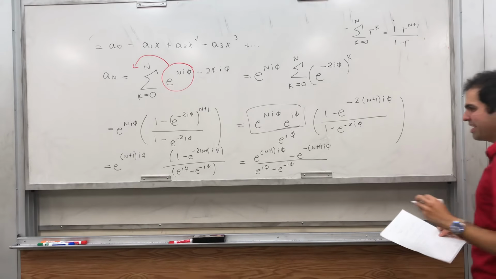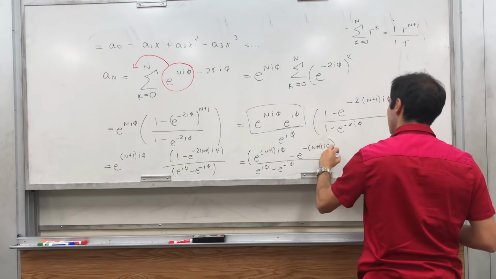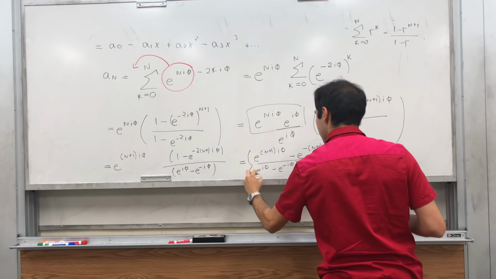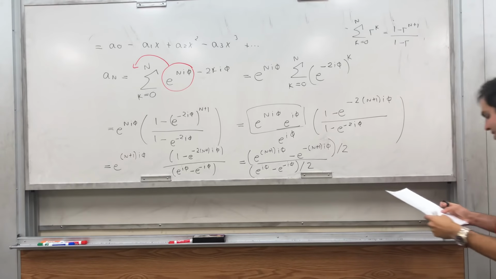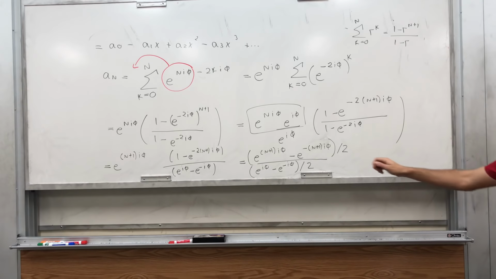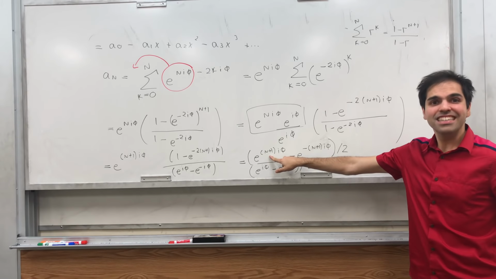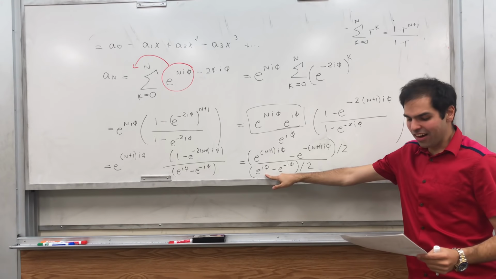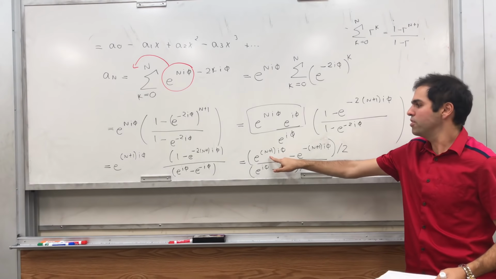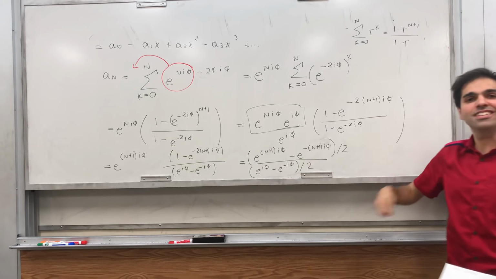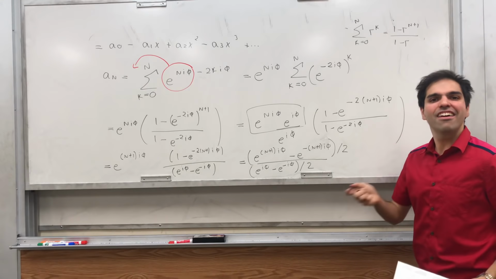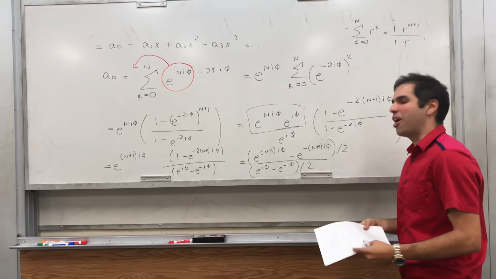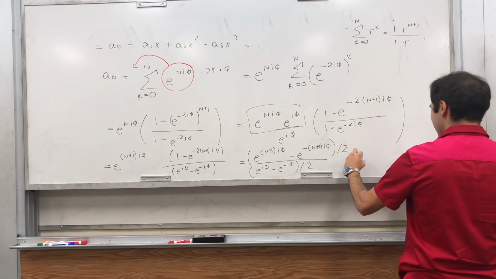And here's the trick. Let's divide both sides by 2. And what does that become? This is precisely sine of (n plus 1) phi, and this is precisely sine of phi, by the definition of sine in terms of complex exponentials.